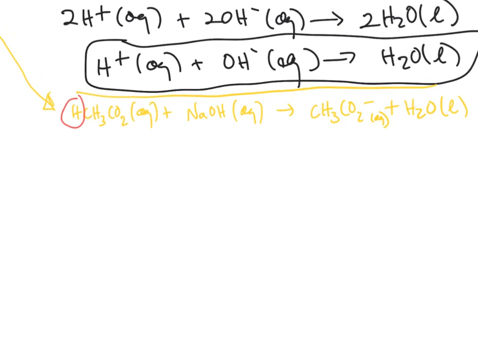This is an organic molecule. So if you remember, for acetic acid, it's got this methyl group on it. Here's carbon. That's acetic acid. Put it with some sodium plus some hydroxide here. What will happen?